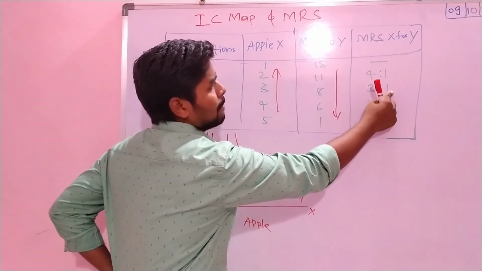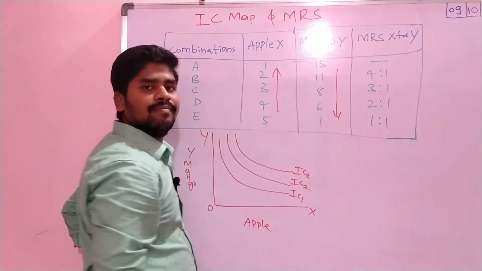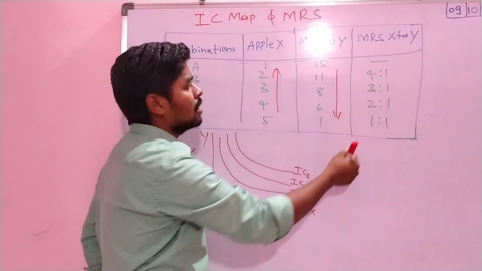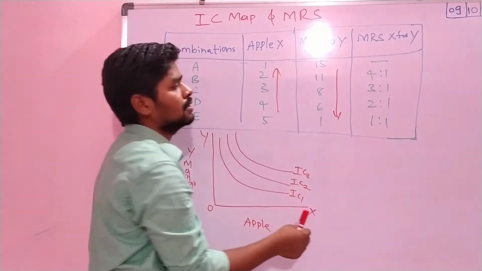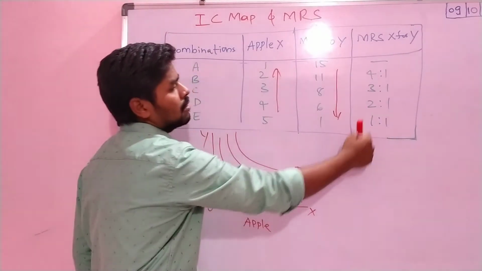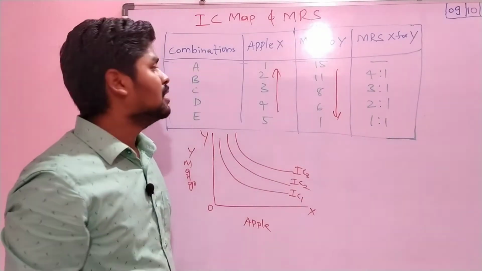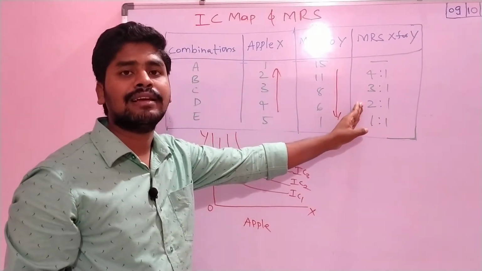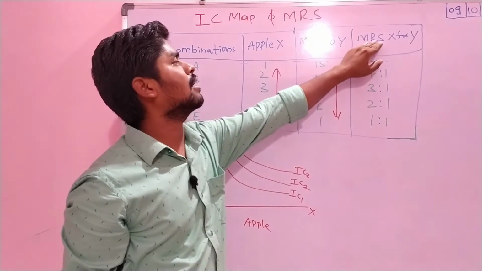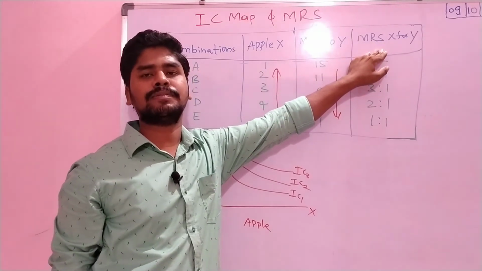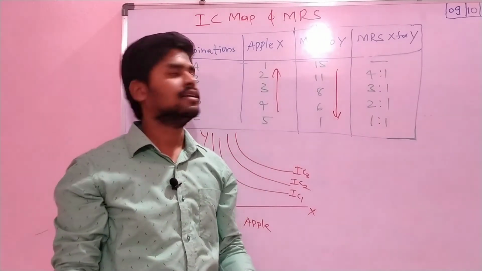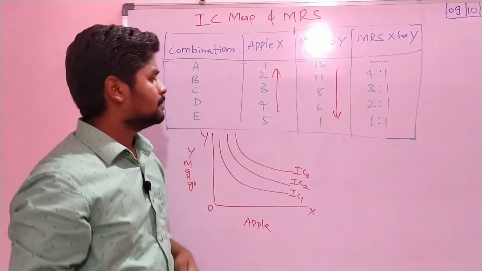To get one apple you forgo 3 mangoes, then 2 units of mangoes, then 1 unit of mango. This ratio is continuously diminishing. That is what MRS, the marginal rate of substitution of X for Y, continuously diminishing, means.